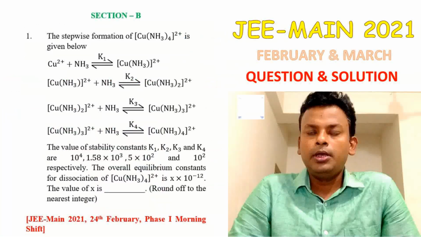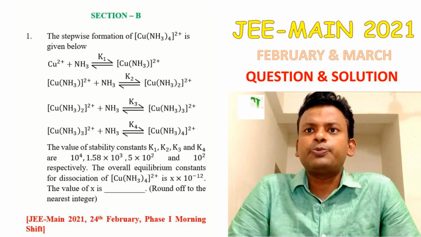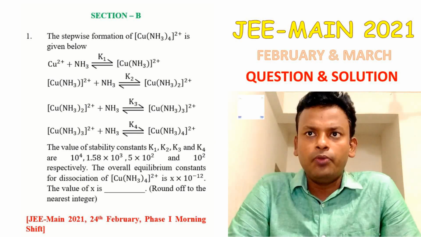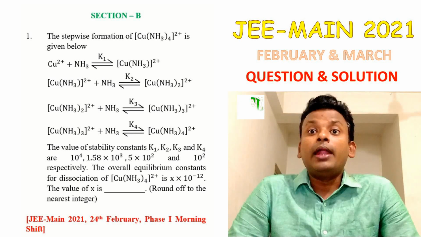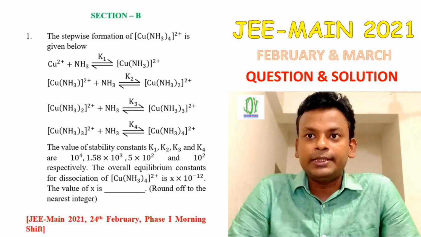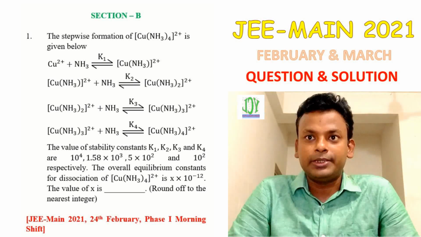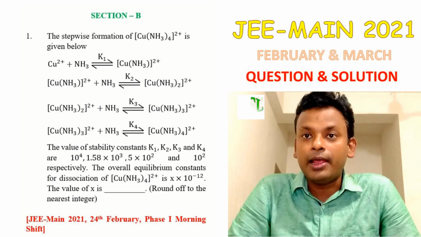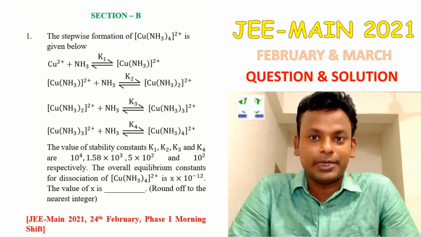And next question, Section B, question number 1. The stepwise formation of Cu(NH3)4 2 positive is given below, and the values of stability constants K1, K2, K3 and K4 are 10 to the power 4, 1.58 into 10 to the power 3, 5 into 10 to the power 2 and 10 to the power 2 respectively.